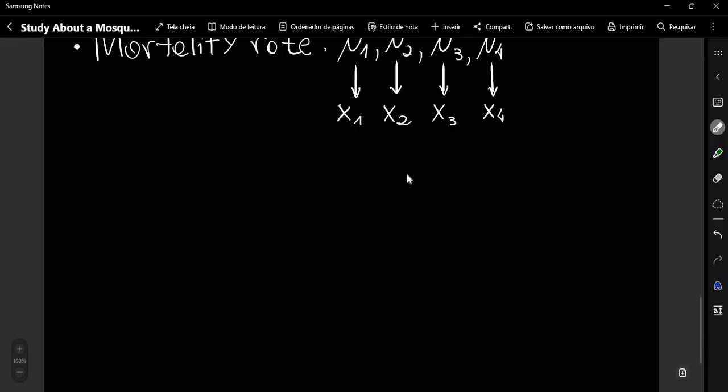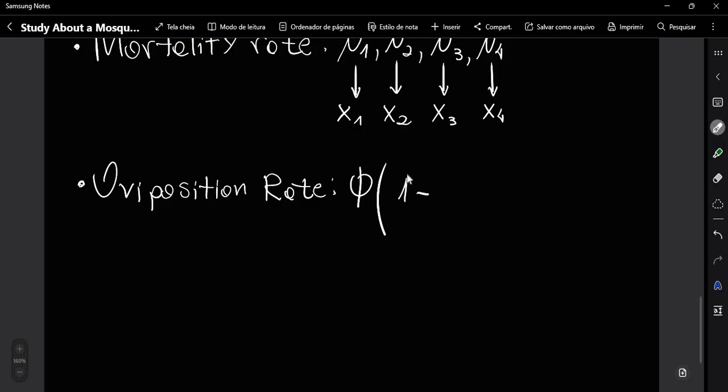And we also have the oviposition rates, phi times x1 divided by C, which is proportional to the density of the population, and it will depend on the number of breeding sites and the availability of food.